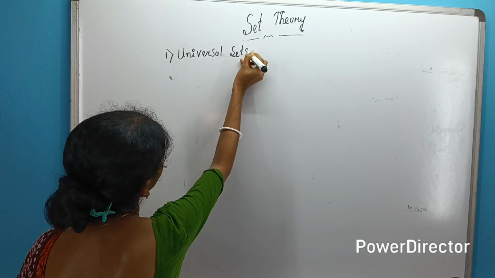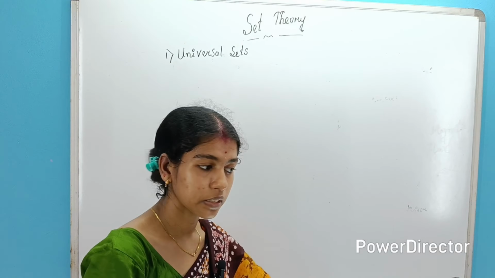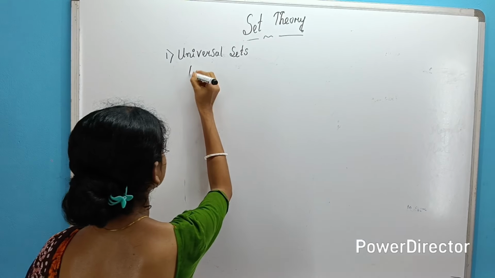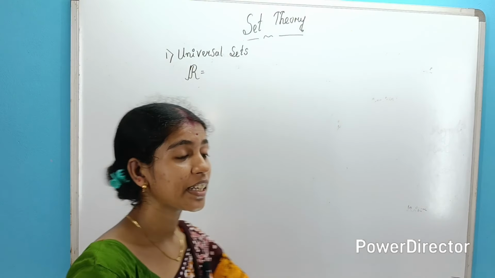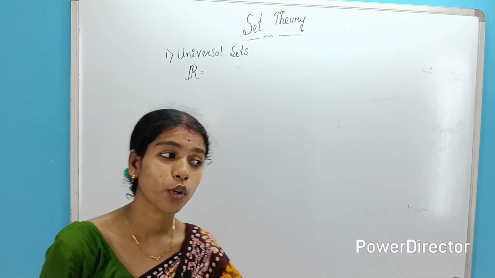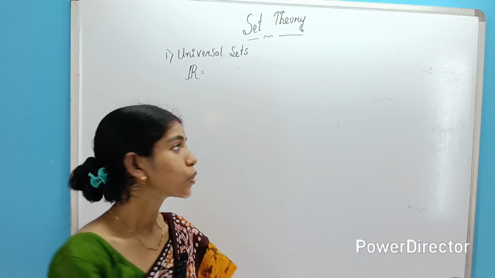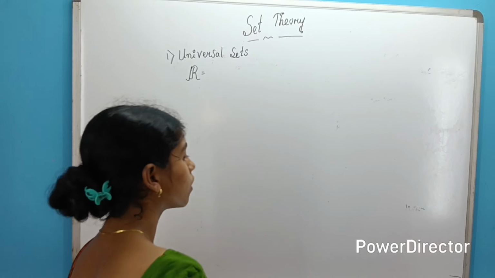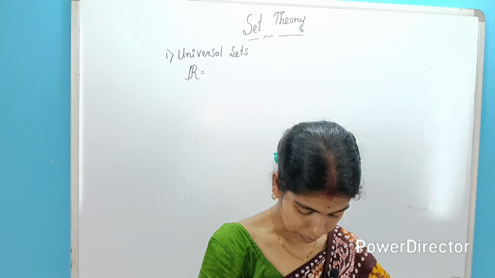Universal set means having all the numbers, like the real numbers. Real numbers contain natural numbers, integers, positive integers, negative integers, rational, irrational, anything. So the universal set contains the whole of the numbers.